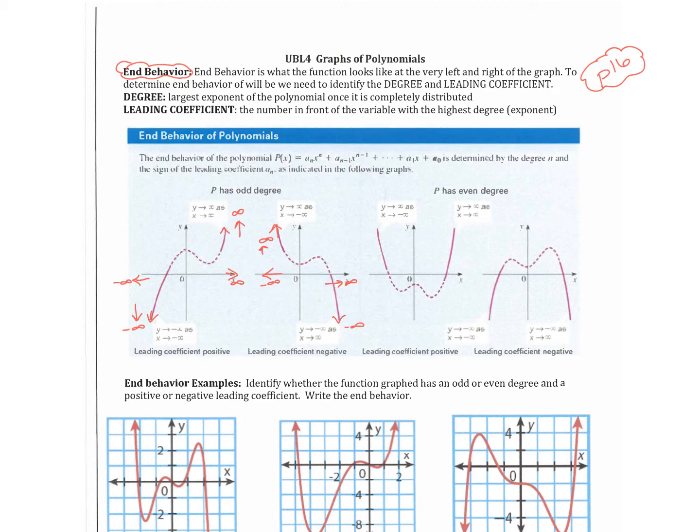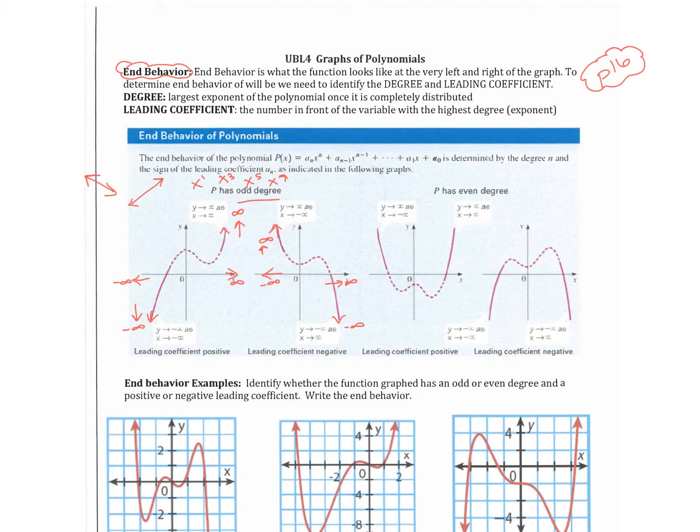So these are the end behaviors we see when my graph has an odd degree, meaning that my highest exponent is odd. So for instance, if I had a cubic function or a fifth degree function or even a seventh degree function, or even if I think of a linear line, my lines look something like this when I go to graph them. So this would be an odd function.